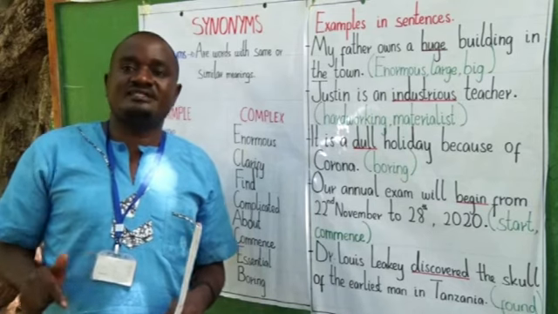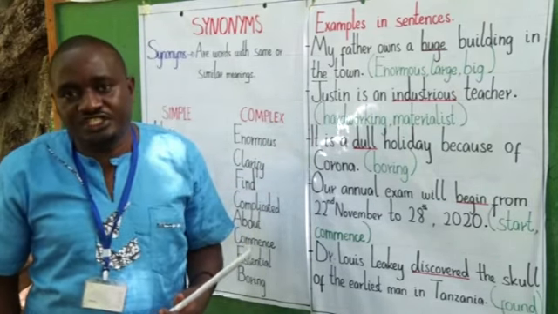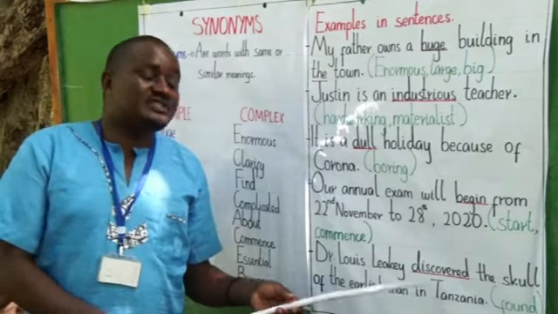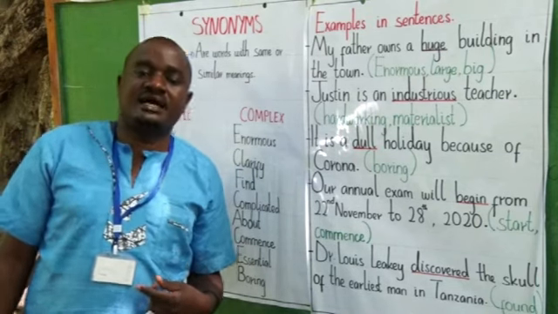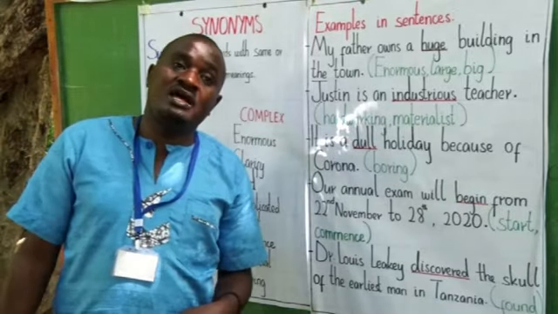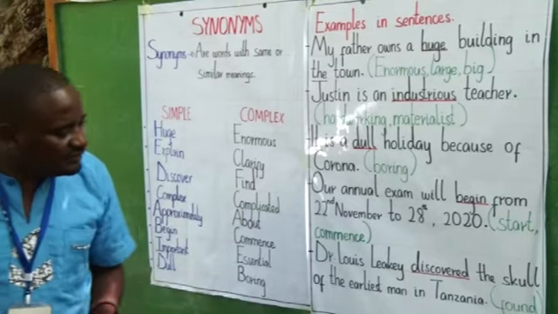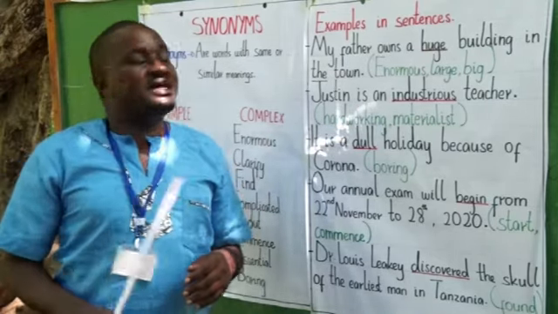The first man was discovered at Olduvai Gorge in Arusha region. That's where the earliest man was discovered in 1959 by Dr. Louis Leakey.